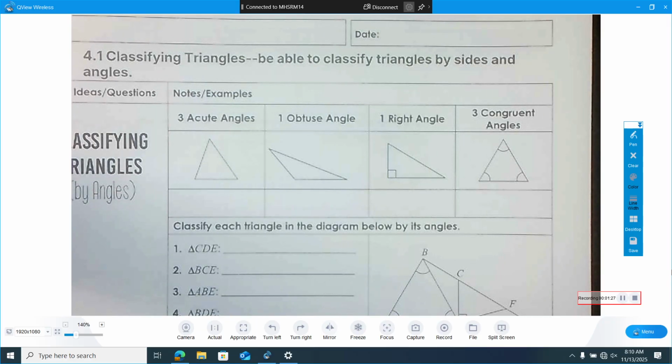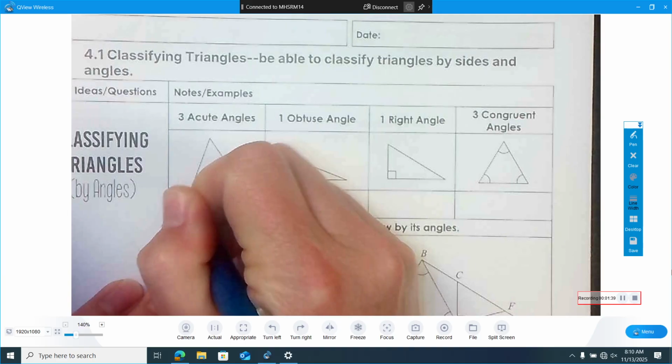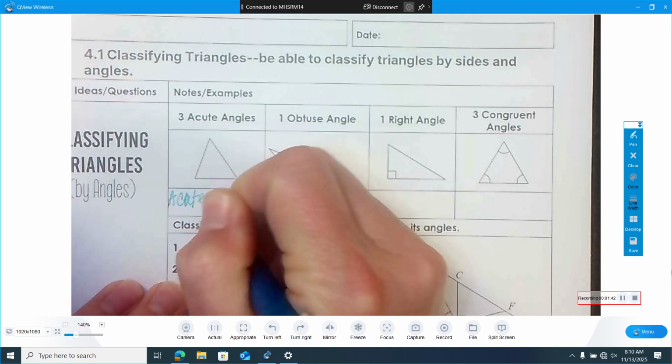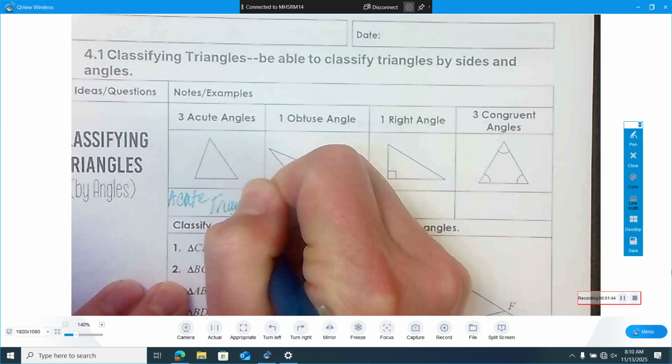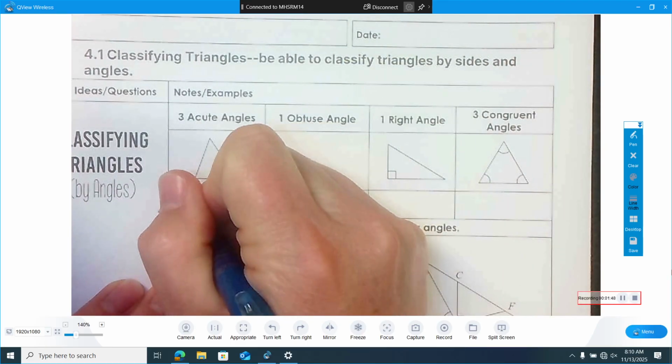All right, here's an example of an acute triangle. It has 3 acute angles.